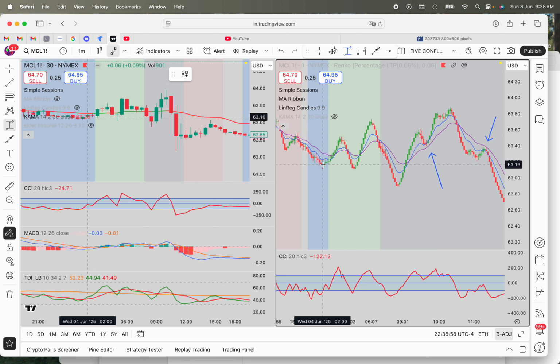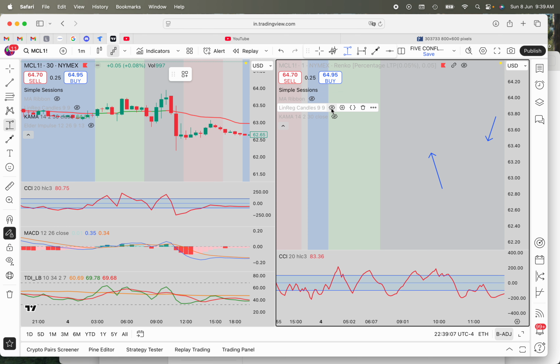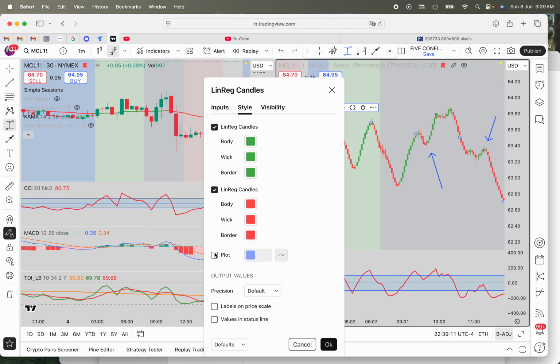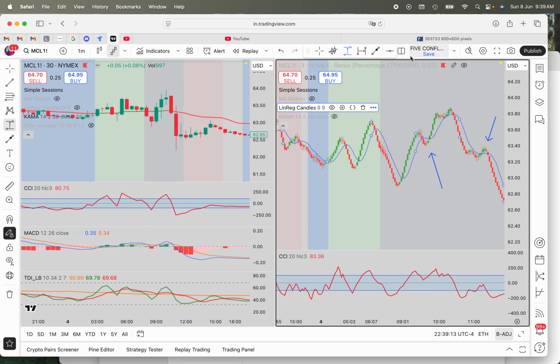Well, as soon as it crossed this moving average. Let me turn that off and get the moving average of the linear reg. Okay, so now I would go long as soon as it's crossed over the linear reg moving average.